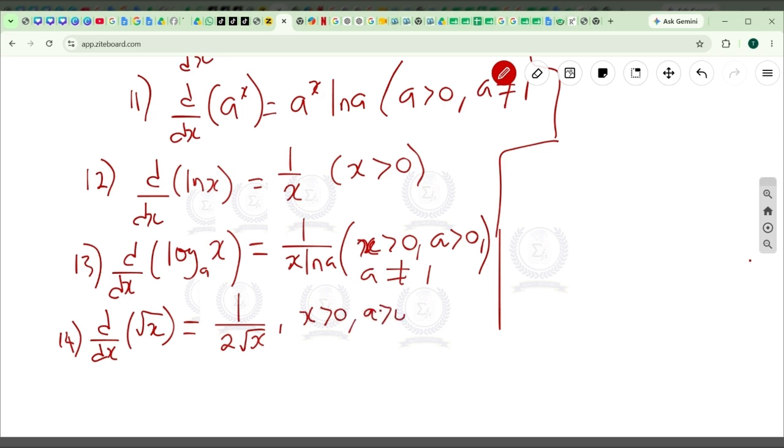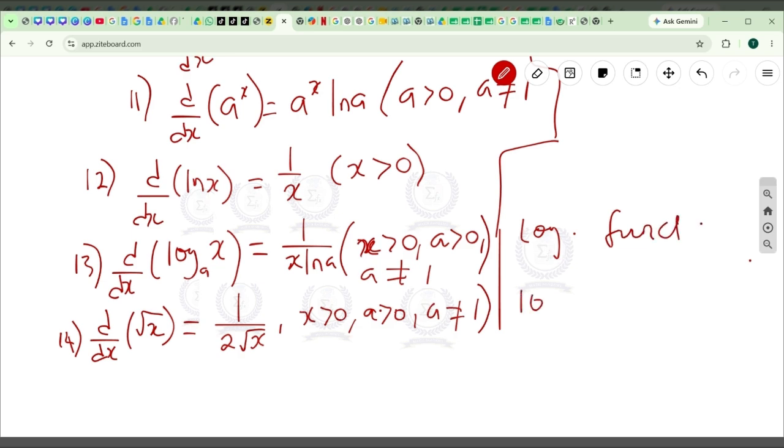So the previous one is a log function, this is going to be a root function, not a log.